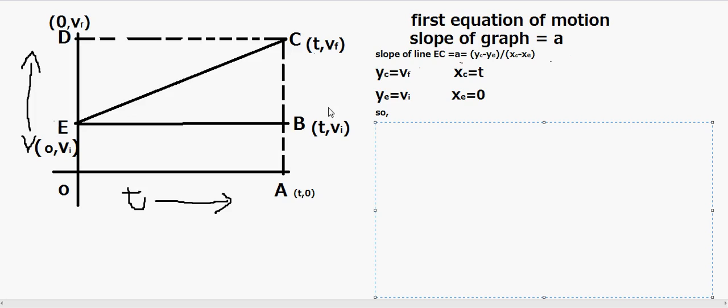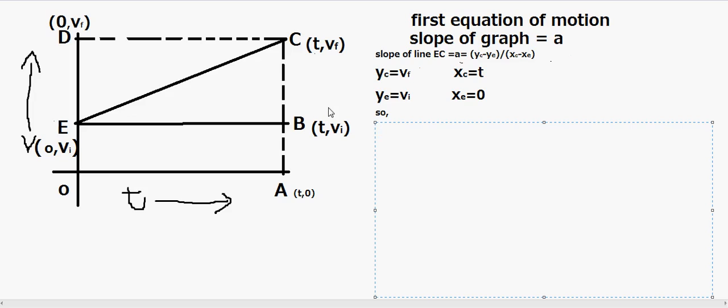So we must know the formula for calculating the slope of any graph. We have the formula y2 minus y1 divided by x2 minus x1, for point number 2 and point number 1. In this graph we have named points E and C. So consider C as point number 2 and E as point number 1.